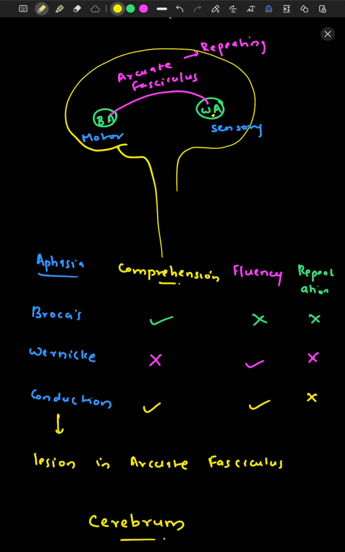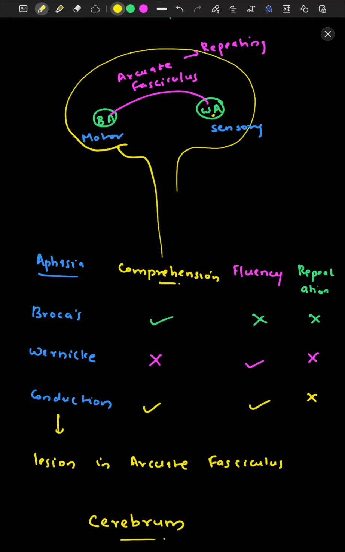If a person has Broca's aphasia, that is, his motor part is affected, he won't be able to talk fluently, but his comprehension, that means when a person speaks he will understand, will be normal, because Wernicke's area, which is sensory, is normal, but repetition will not be that good.